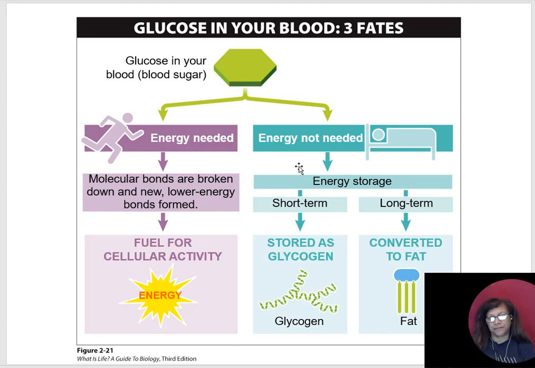Okay? So, three fates for glucose when you take it in. One, it can be used right away. Bonds broken, energy released, used right away by the cells. Or the energy is not needed. You had a really high glucose meal and then you lay down to take a nap, your body is going to either put it into short-term storage as glycogen, or it's going to convert it into long-term storage as fat.